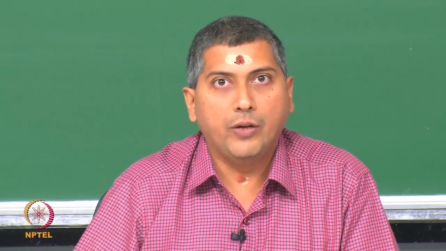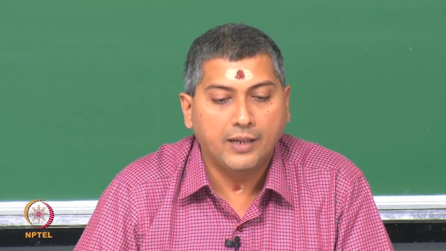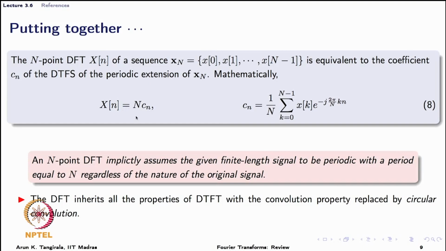When I take the Fourier series coefficients and multiply with n, it will exactly match the DFT coefficient that I have computed, that is the point, alright. So, this is something that should be kept in mind and reinforced until we are very clear about it and we know it for sure.